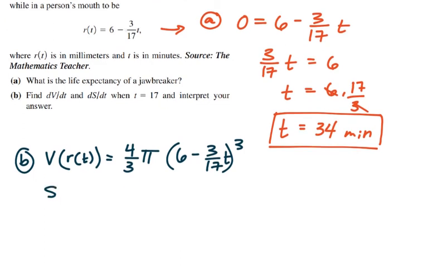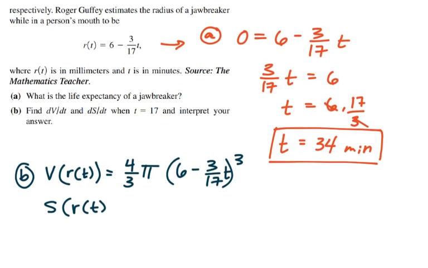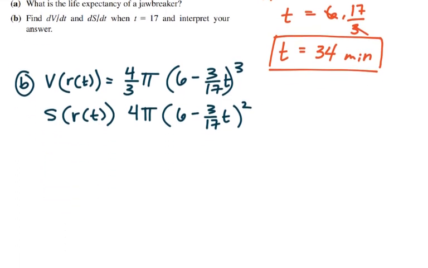And S of r of t, my surface area formula is 4 pi r squared, so that would be 4 pi times (6 minus 3/17 t) quantity squared. So these represent my composition functions, and now I have volume in terms of time t, as well as surface area in terms of time t.